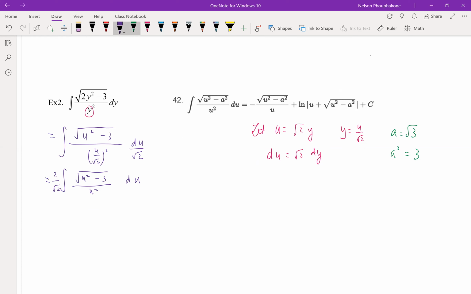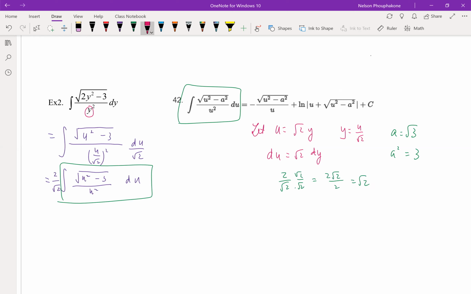Then, after we have this, you will see that this form right here is exactly like the left-hand side of 42. Then we could just plug it in, okay? We know that 2 over root 2, if we multiply top and bottom, will be root 2.